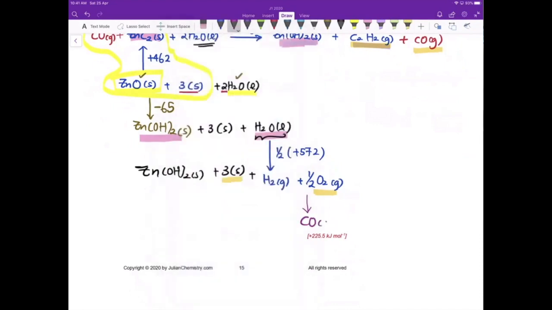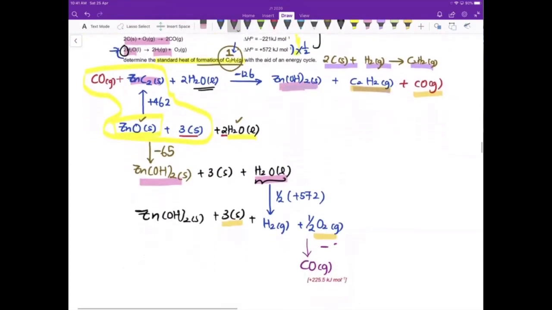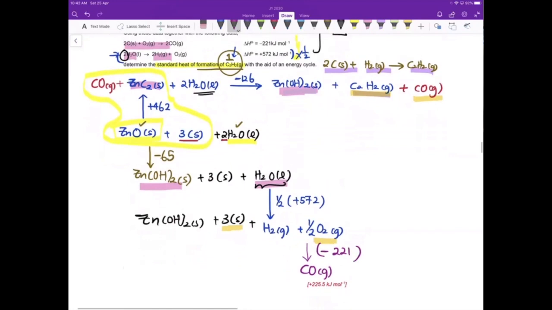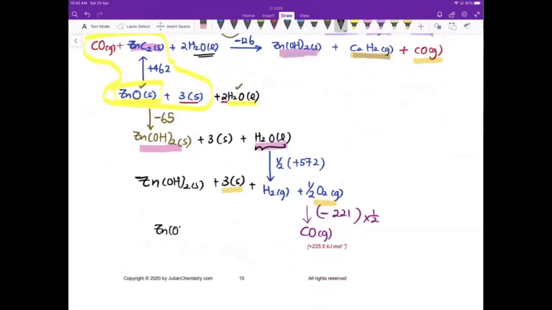So carbon monoxide, this value is -221, but please remember, because this is for 2 moles of carbon monoxide, you have to times half. Zinc hydroxide, I never use. Out of 3 carbons, I only use 1. So basically, I need to have 2 more carbons here. And the hydrogen gas, I never use, so I copy it down as well.